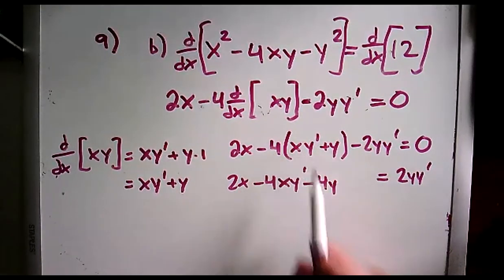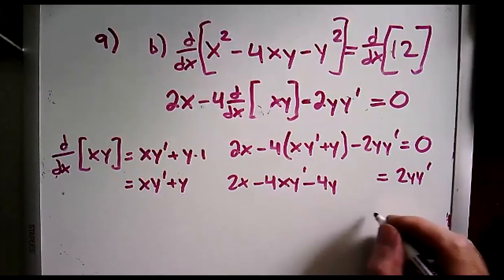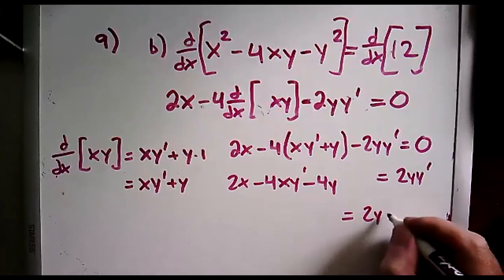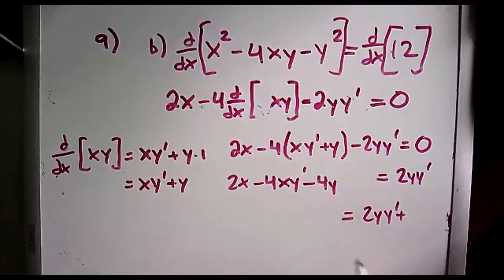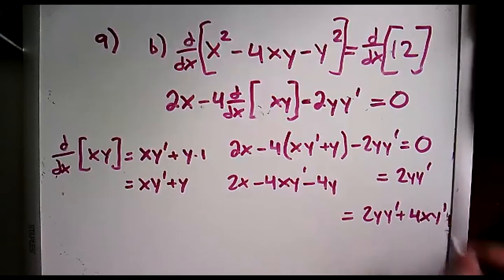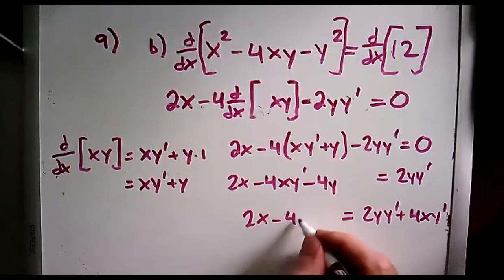Minus 4 xy prime, minus 4y. I still have a single term involving y prime, so I'm going to also subtract that from both sides. So now on the right-hand side, I have 2y prime, and another way of saying it is I will add 4xy prime. So 4xy prime, got all my y primes on the right. What's left over on the left is a 2x minus 4y.